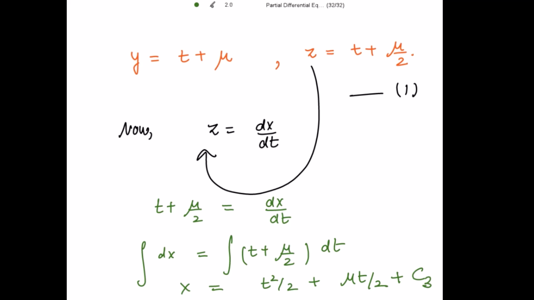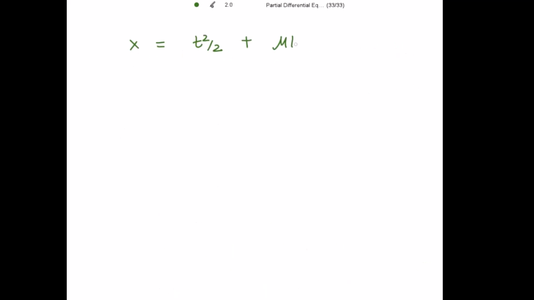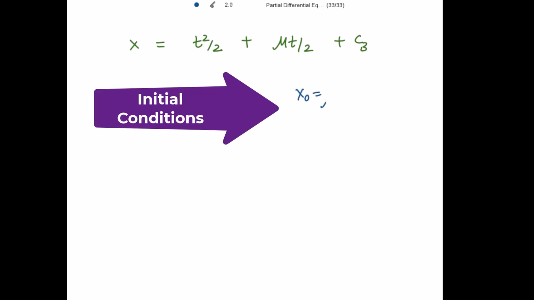And now we are going to get this constant c3 by again applying the initial conditions over here. So we have got our x to be t square divided by 2 plus mu t divided by 2 plus c3. When applying the initial conditions, we know that x0 is mu, y0 is mu, and z0 is mu divided by 2, but we need only this.